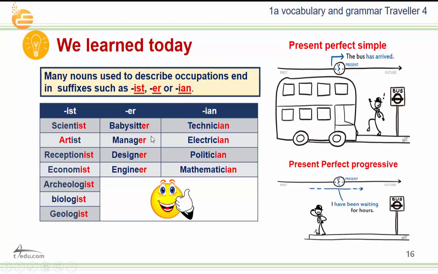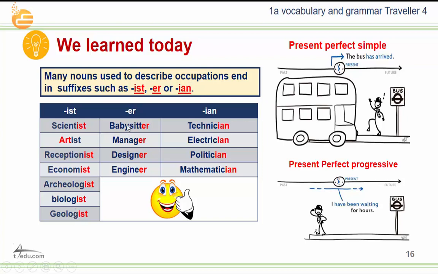Today we learned many nouns used to describe occupations, and we said some of them end with suffixes ist, others with er, and others with ian. And we had some examples like scientist, artist, receptionist, economist, archaeologist, biologist, geologist.